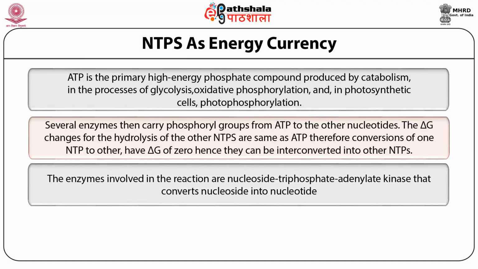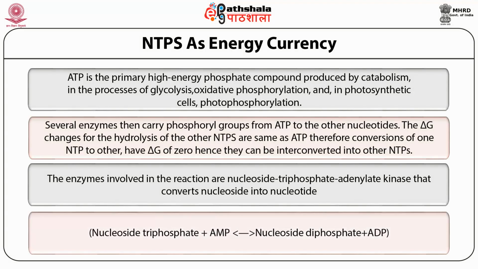The enzymes involved in the reaction are nucleoside triphosphate adenylate kinase, which converts nucleoside into nucleotide. You can see here the equation shows a nucleoside triphosphate, when it interacts with AMP, being converted into a nucleoside diphosphate and ADP. So this enzyme is involved in the interconversion of different NTPs.